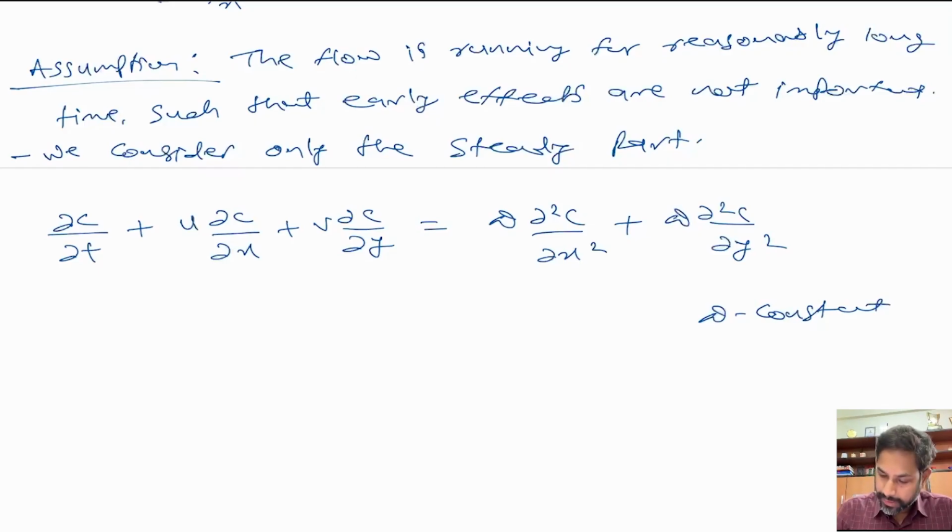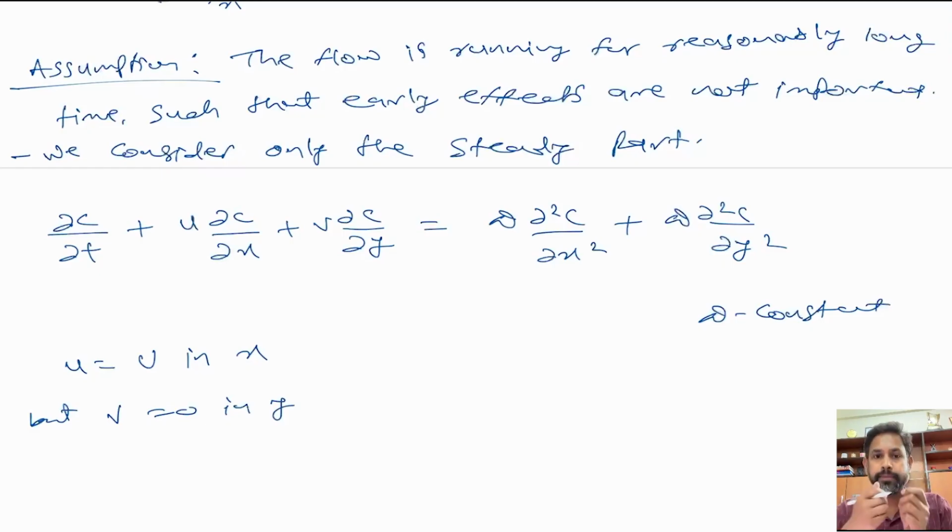Here we assume that the velocity, background velocity, is only in x direction. Okay, so u is equal to u in x, but v is 0 in y, and only the advection in x direction is important, and advection in y direction becomes 0. So that particular term is not important.